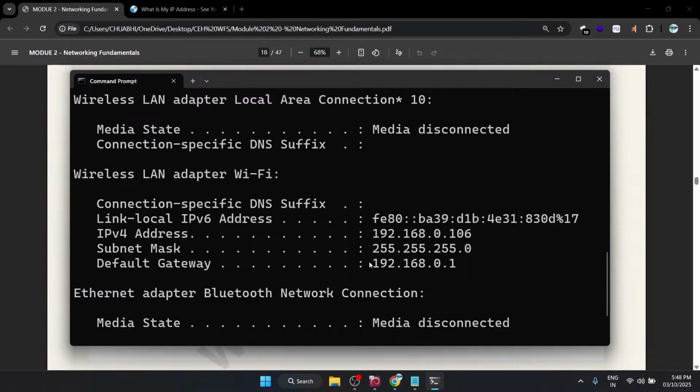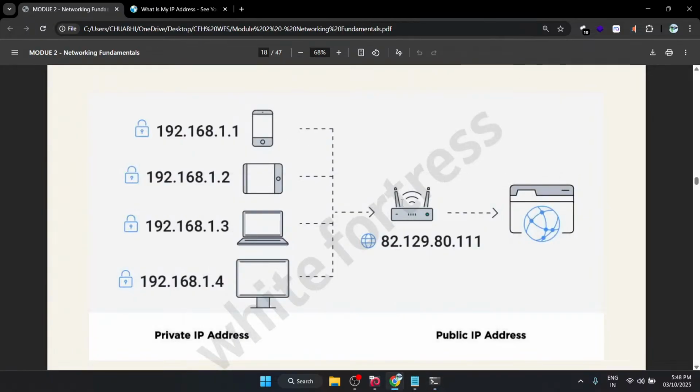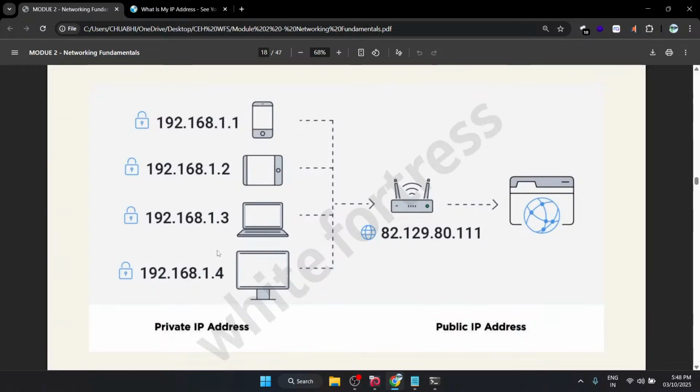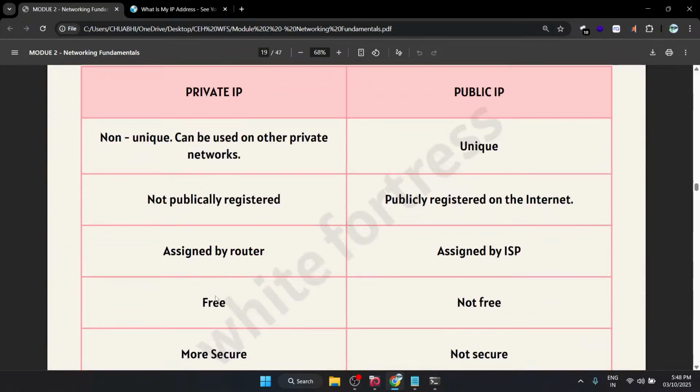This is my router's private IP. So the router has got 2 IPs. It's usually 0.1 or 1.1. Then other devices will be provided with the same network's IP: 1.2, 1.3, 1.4, like this.